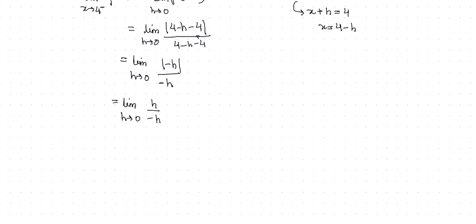So h and h will cancel, and this will give the limit as h tends to 0 of negative 1, which is negative 1. So we got the left-hand limit as negative 1.